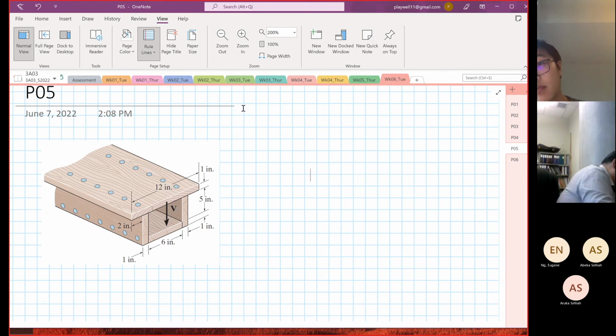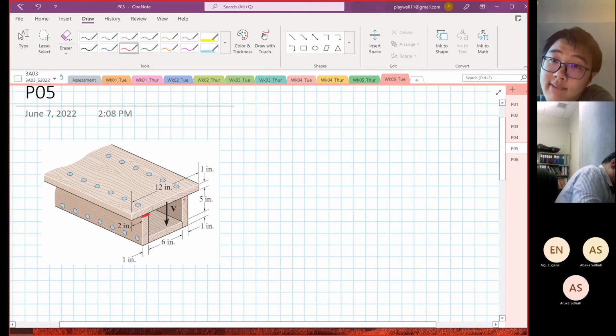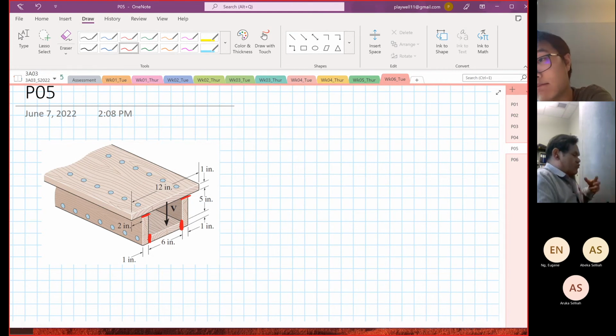Failure is going to occur either at the intersection between the top flange and the web, or the intersection between the bottom flange and the web. So we have to know what first moment of area to take.